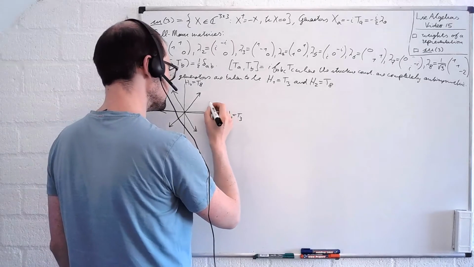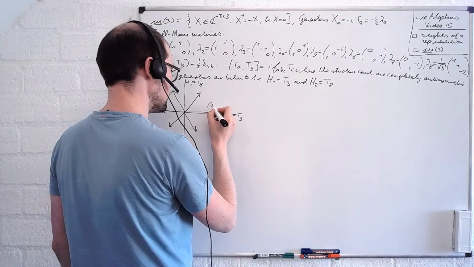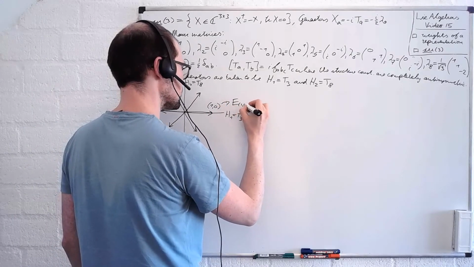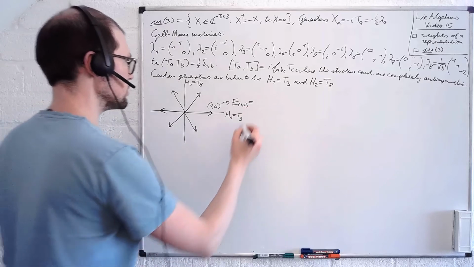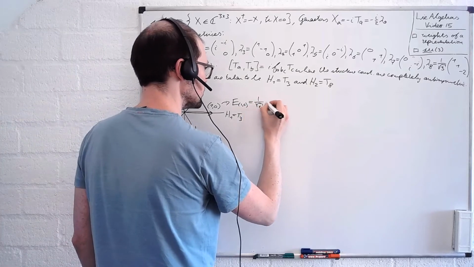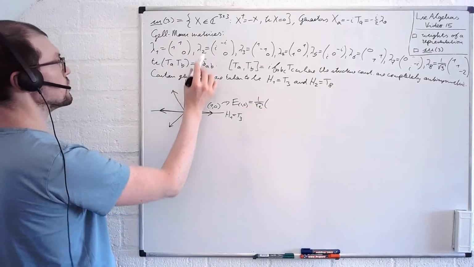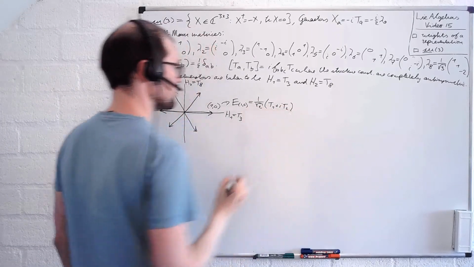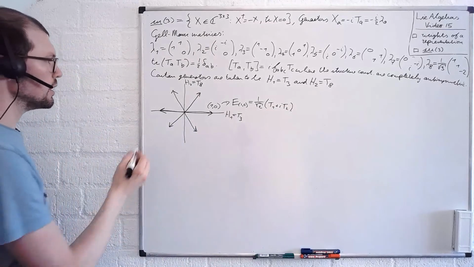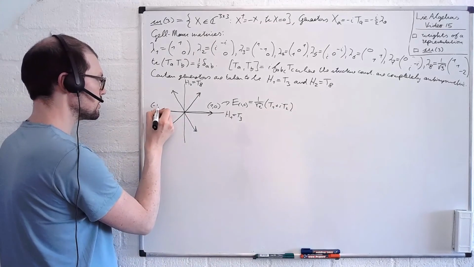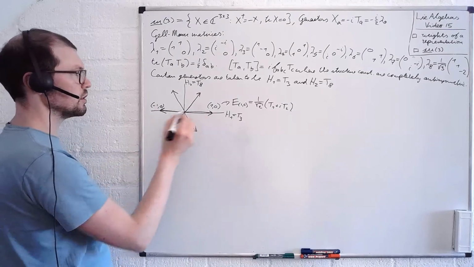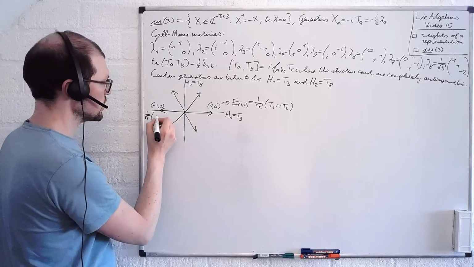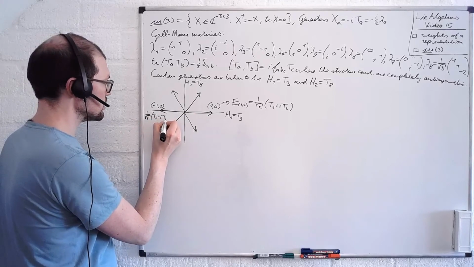So this is root (1, 0). It corresponds to the following generator, 1 over square root of 2 of the first two matrices, so T1 plus i T2. And then similarly, the (-1, 0) root corresponds to the other combination, T1 minus i T2.